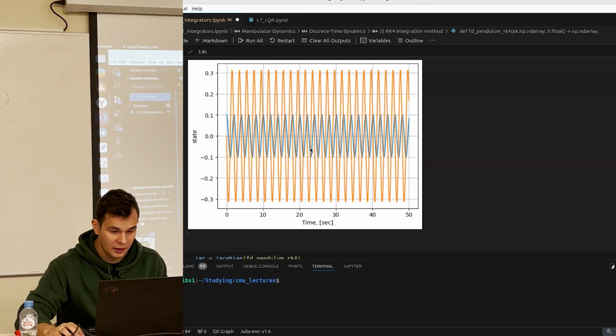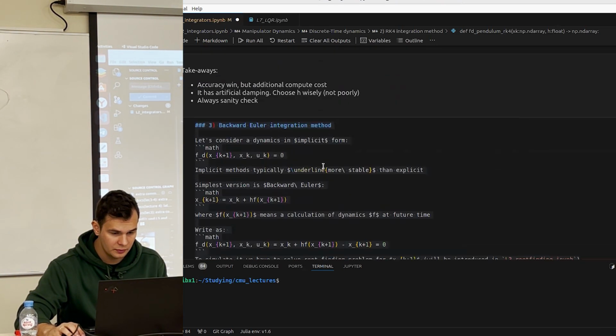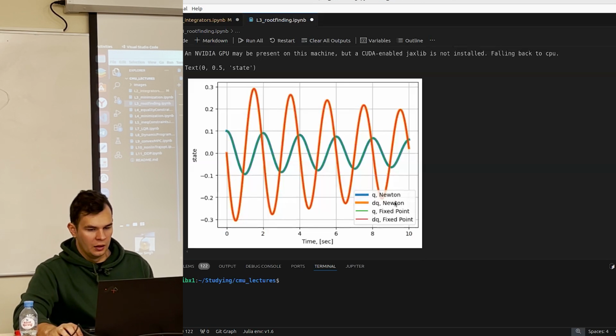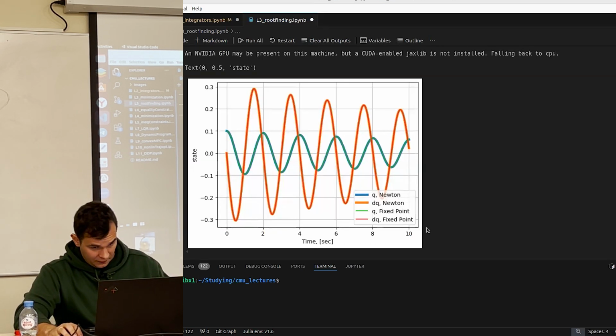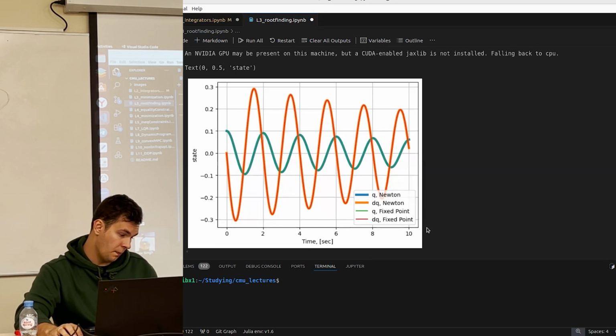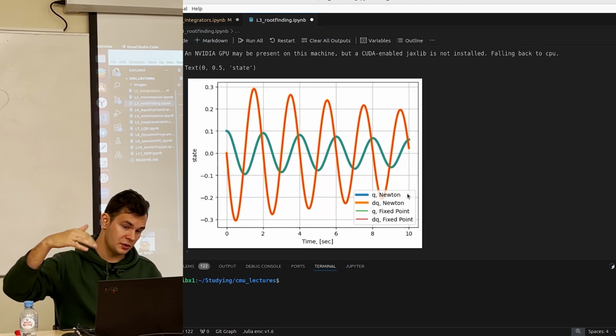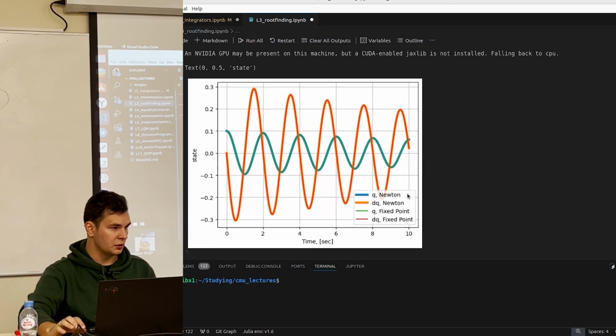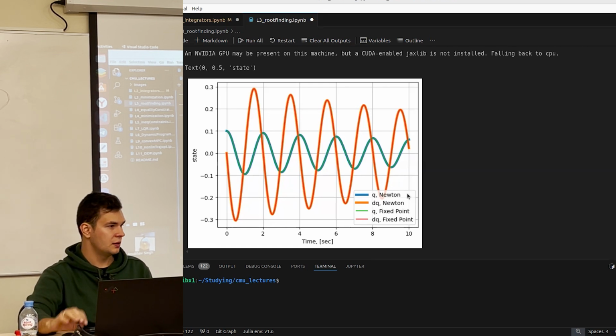And in this example, I skipped the fixed point because it's kind of simple, but it's not as precise as Newton. Fixed point makes many more steps than Newton. Newton makes 3 steps to compute it.